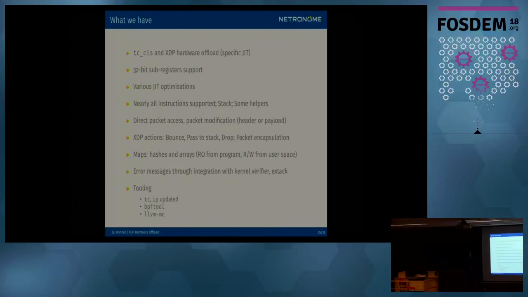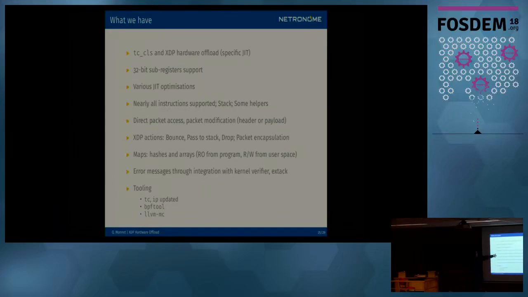So if I summarize what we already have in the kernel and in the cards, we have TC and XDP hardware offload. We are working on 32-bit registers. We have various JIT optimizations. Nearly all eBPF instructions are supported. We support the stack. We support some helpers, not many, but a couple of them.